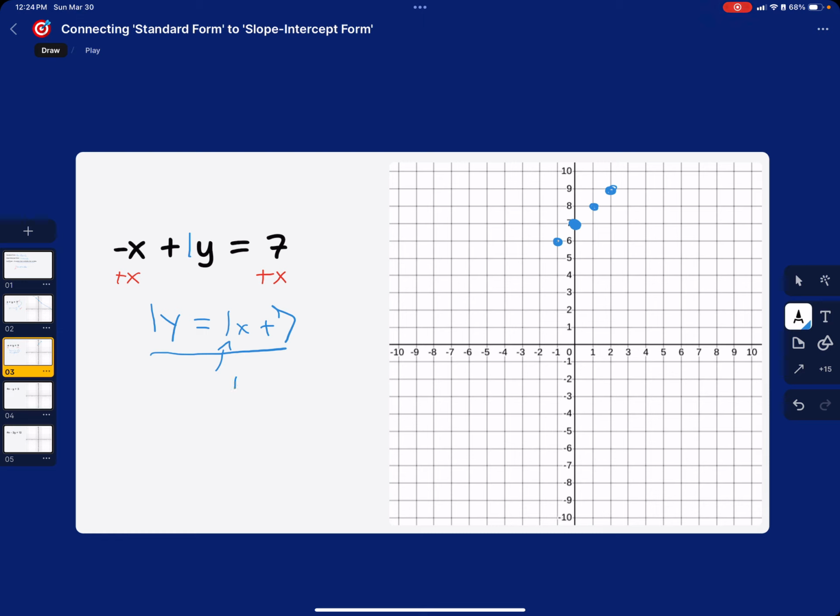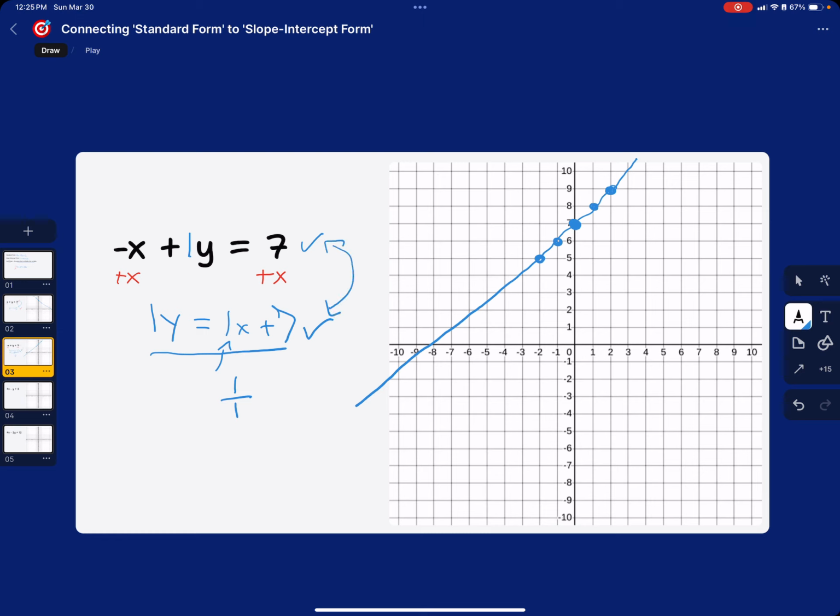And remember, slope is a fraction, 1 over 1, and every fraction means division, so a negative and a negative equal a positive when dividing. Again, we want a big bold line. Here is our graph of y equals 1x plus 7, and it's also the graph of negative x plus 1y equals 7, because these are equivalent to each other.